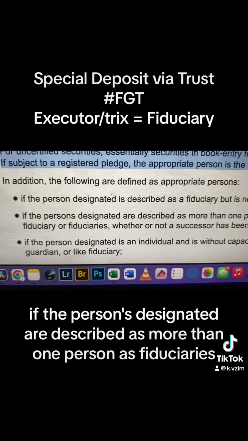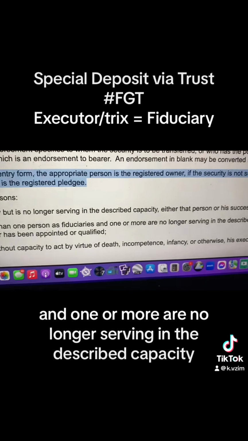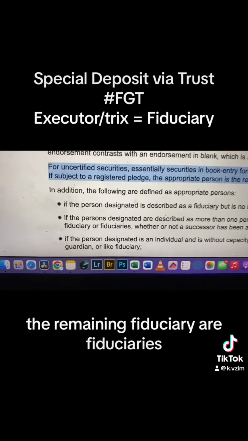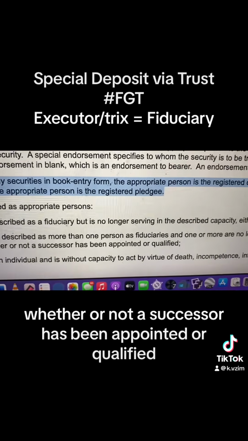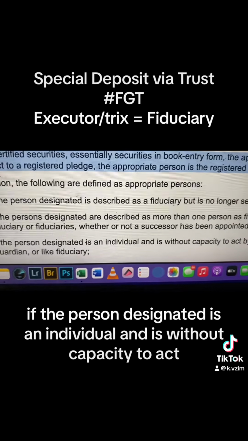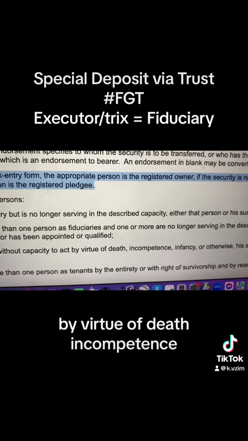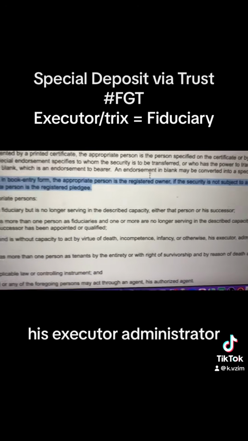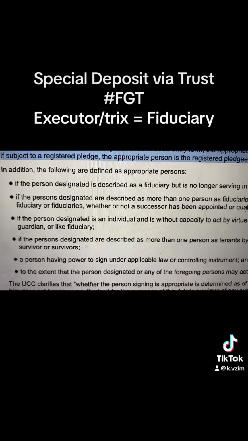If the persons designated are described as more than one person as fiduciaries and one or more are no longer serving in the described capacity, the remaining fiduciary or fiduciaries, whether or not a successor has been appointed or qualified. If the person designated is an individual and is without capacity to act by virtue of death, incompetence, infancy, or otherwise, his executor, administrator, guardian, or like fiduciary.